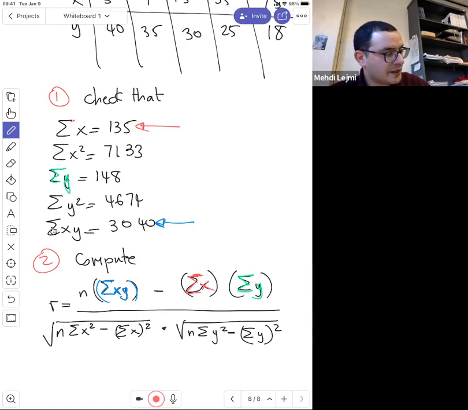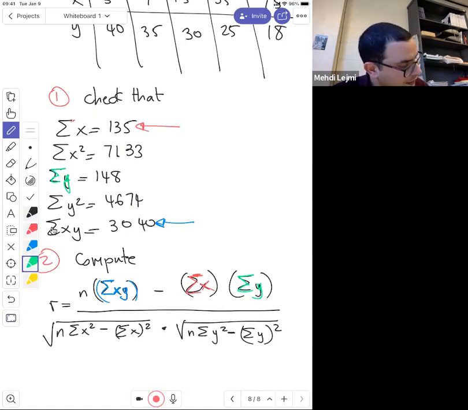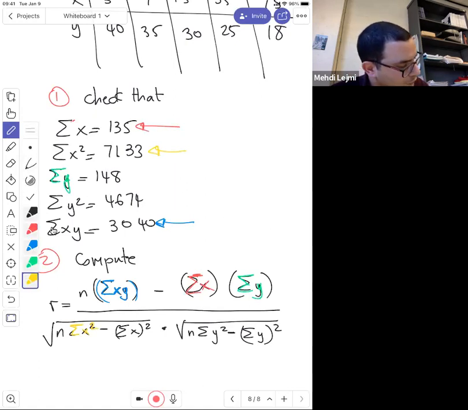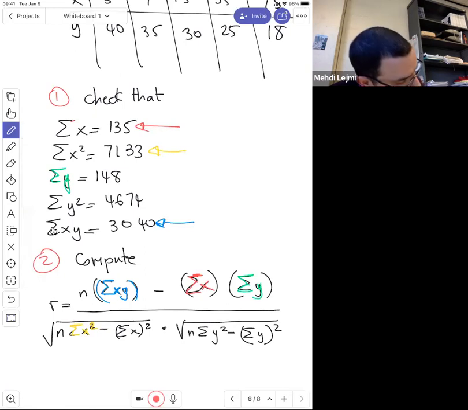And of course n is the size of the sample. The sum of the x squares will be this number, and same thing for the sum of the y squares right here. All you have to do is plug these numbers in the formula and compute R.